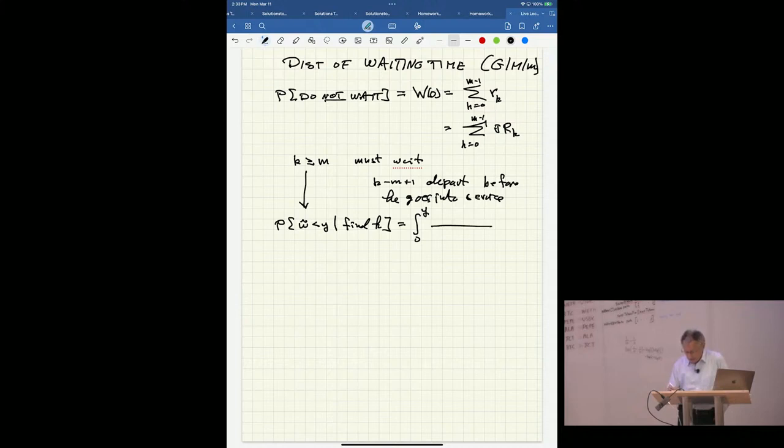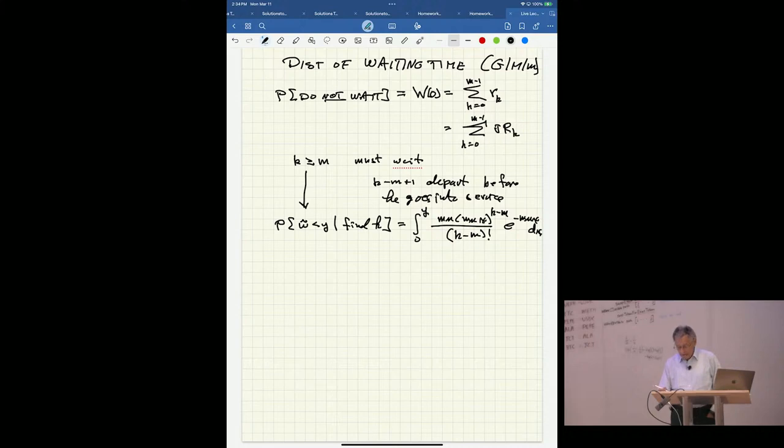To get k out in that time is mu x to the k minus m over k minus m factorial, all of that e to the minus mu x dx.